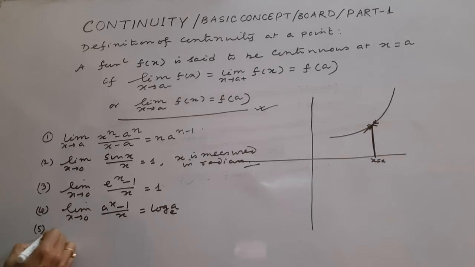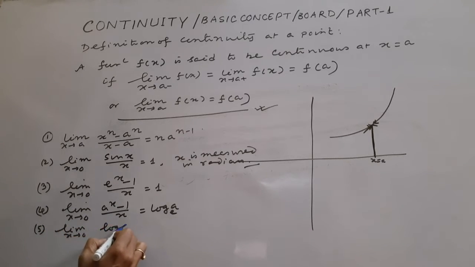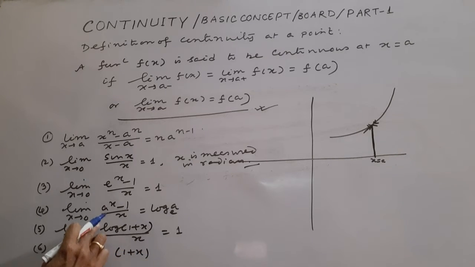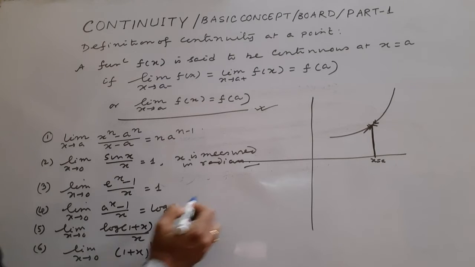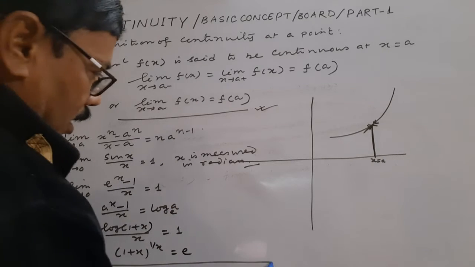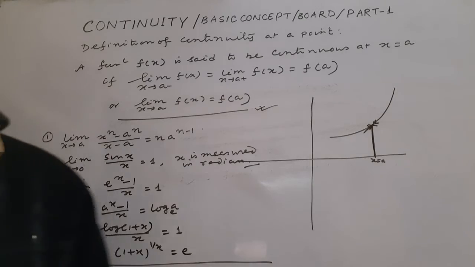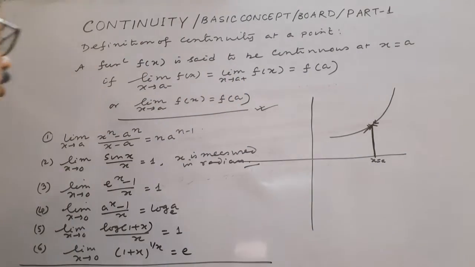Number 5, limit x tends to 0, log(1 plus x) divided by x equals 1. And an equivalent form: limit x tends to 0, (1 plus x) to the power 1 by x equals e to the power 1. So we need these standard results of limits.